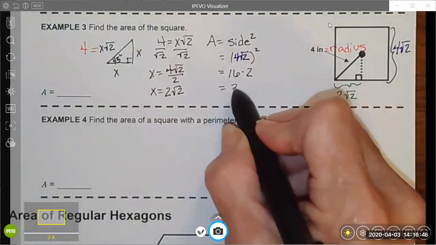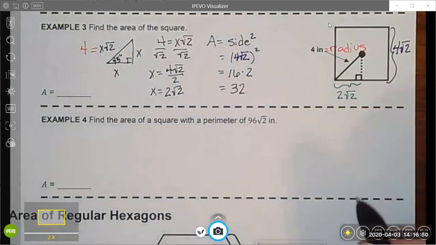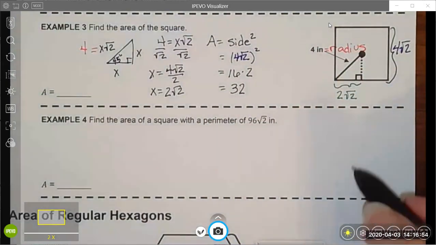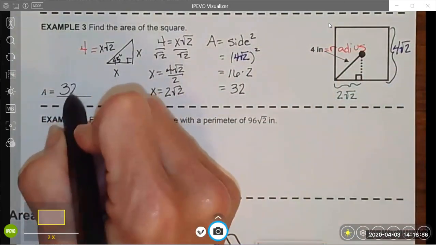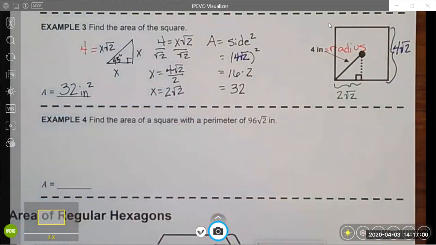When I simplify that one more time, I calculate the area of this particular square as being 32 inches squared. Don't forget your units. If you'd like to, you can verify this answer using the 1/2 perimeter times apothem formula, just for good measure.